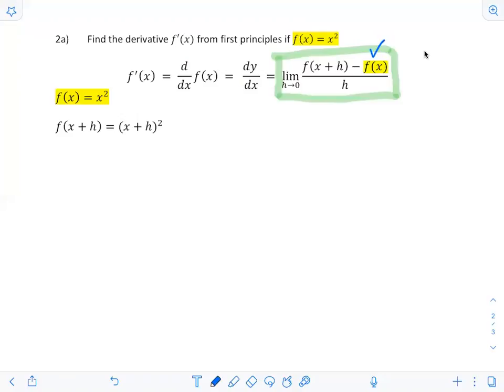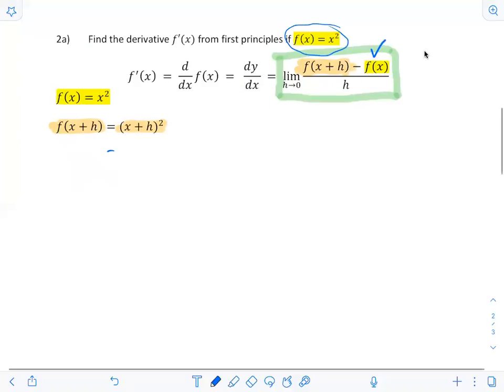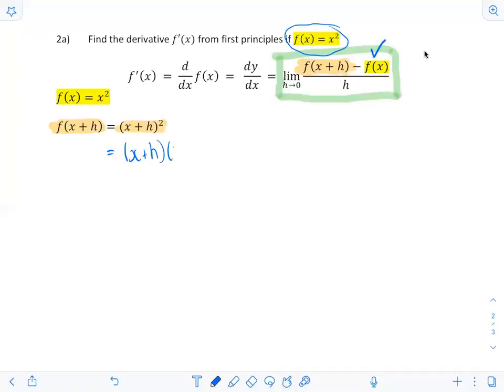We're now going to find the value of f(x plus h). That means it's (x plus h) squared, because the function we're working with is x squared. (X plus h) squared means the bracket times itself. And if you expand that and simplify, you get x squared plus 2xh plus h squared.